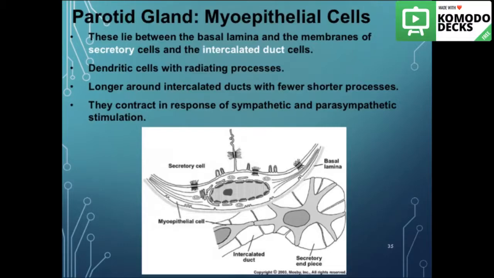They are even called basket cells because they have a clasping appearance around the acini cluster of cells. Finally, they contract in response to sympathetic and parasympathetic stimulation.